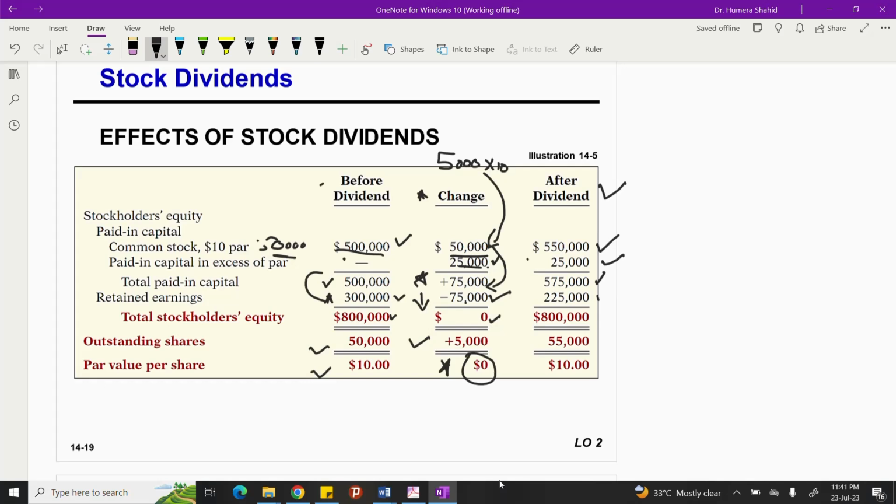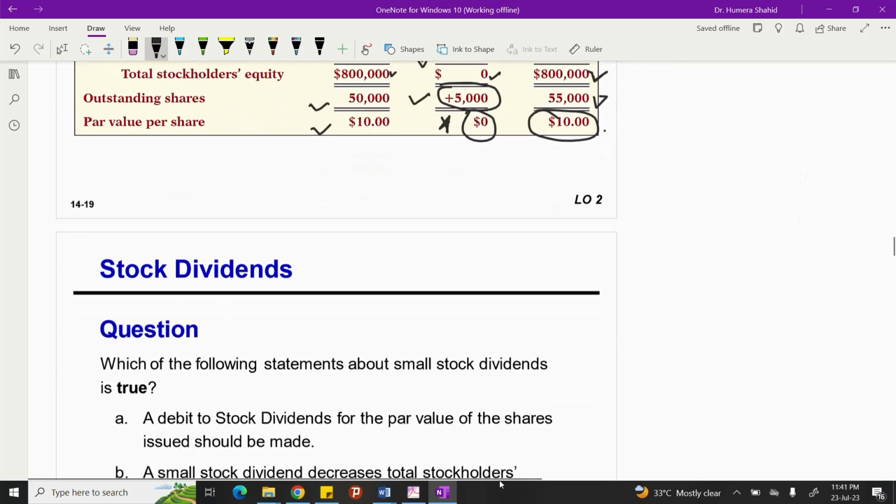So now my retained earnings are 225,000. If I add these, my stockholders' equity is still 800,000. The number of outstanding shares increased because we issued 5,000 more shares, but there is no change in the par value. Par value is still $10. Okay, so this is how we compare them.